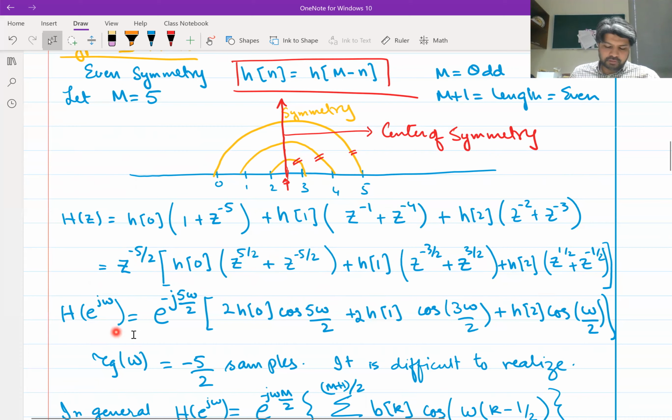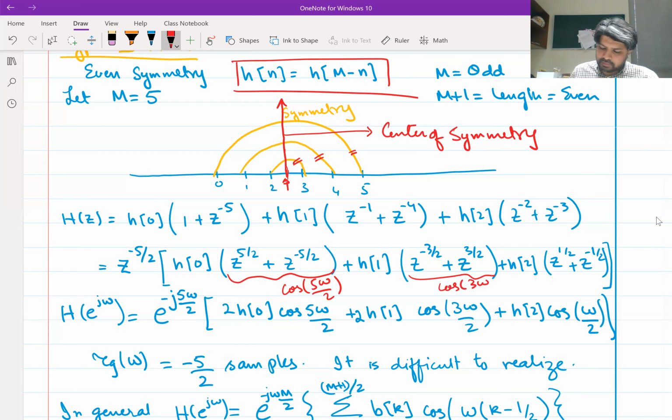So h of e to the power j omega would be e to the power minus j 5 omega by 2 times 2h0. This would change to, if we replace z by e to the power j omega, cosine of 5 omega by 2. This would change to cosine of 3 omega by 2. This would change to cosine of omega by 2. सही है? And hence we have this h of e to the power j omega.